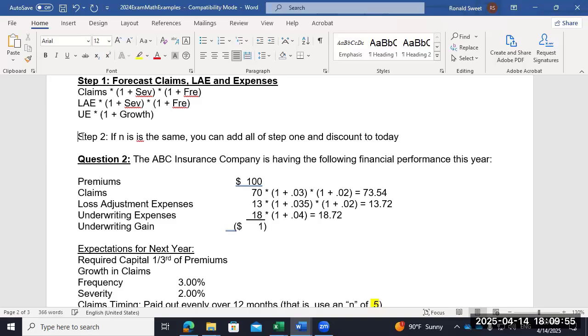All right, so there's your step 2, and I'll probably do that in exam, because there's really no reason to make you do a bunch of extra work for no reason.